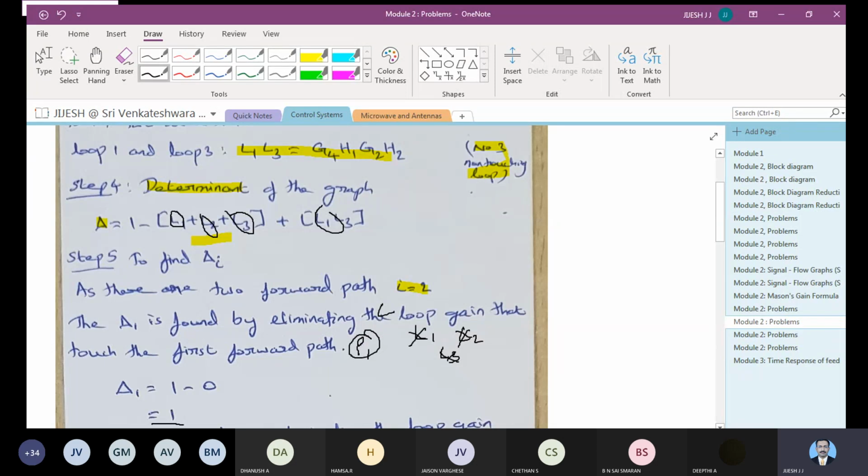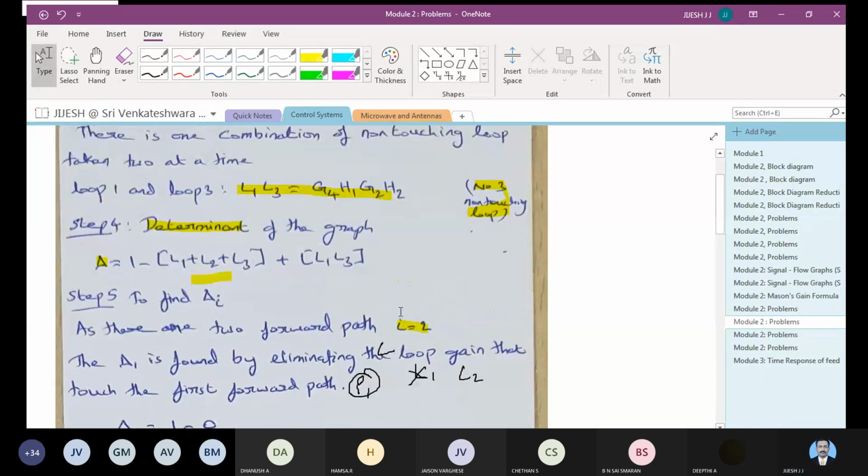Next one is I is equal to 2, so you need to do it for delta 2. You have to take not P1; when you are doing delta 2, you need to take P2. So take path P2.